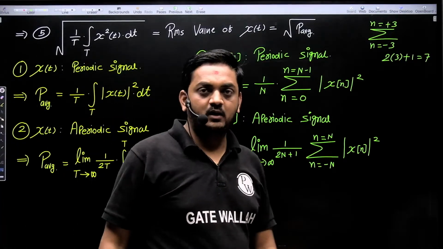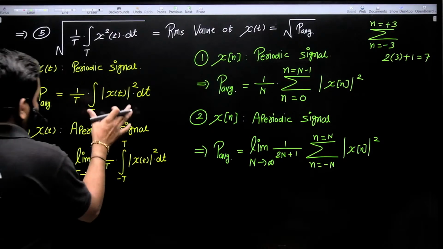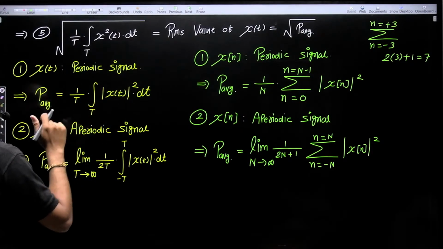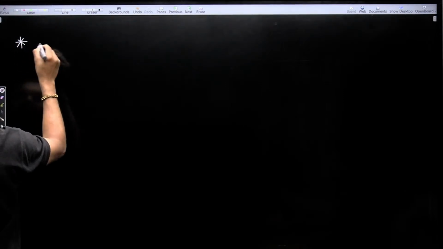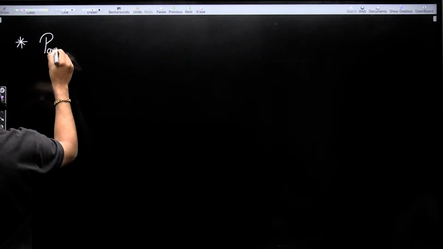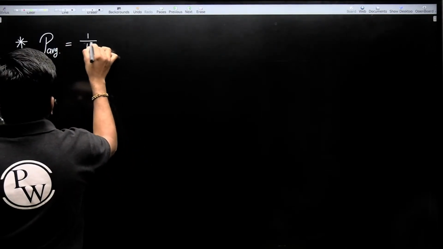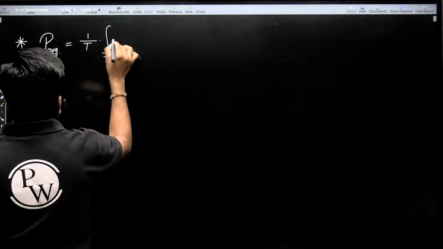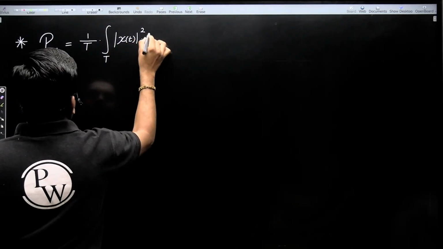Okay. Now observation for the periodic signal. As I told you, this is nothing but the energy of x of t for one cycle. So if you want to calculate the average power of a periodic signal, then what is the shortcut? The standard formula is 1 by T integration over a fundamental time period mod x of t whole square dt.